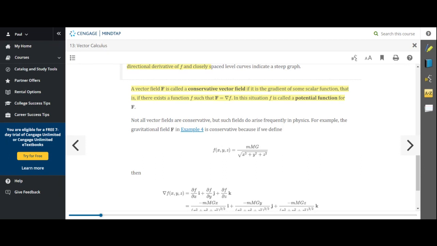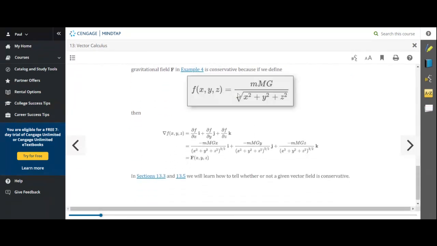For example, they define the function of x, y, z as they have here. And it turns out that the gradient of this function will equal the vector field for the gravitational field.